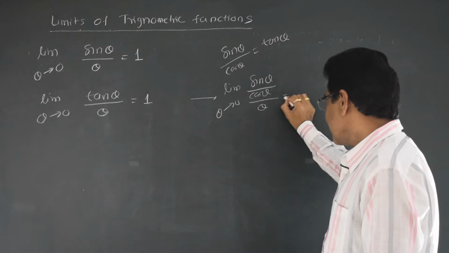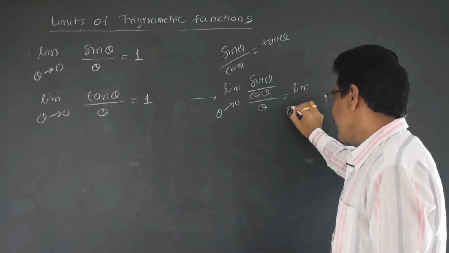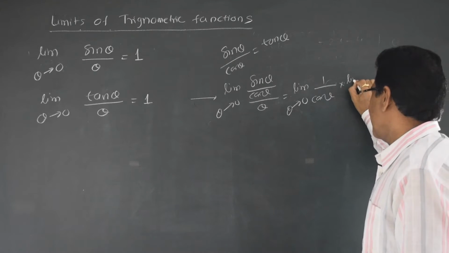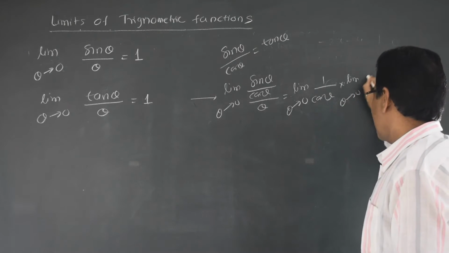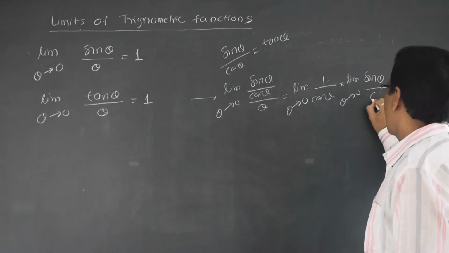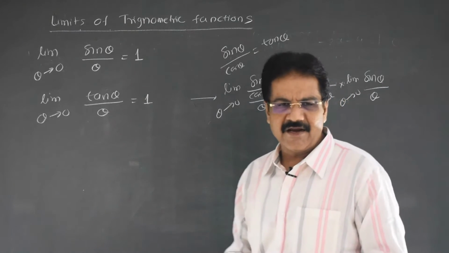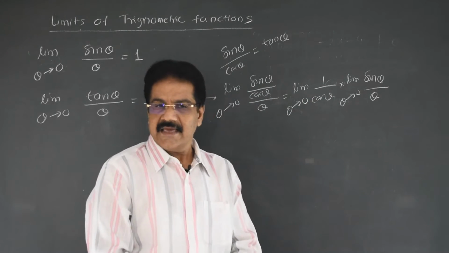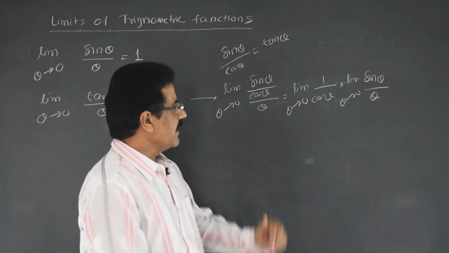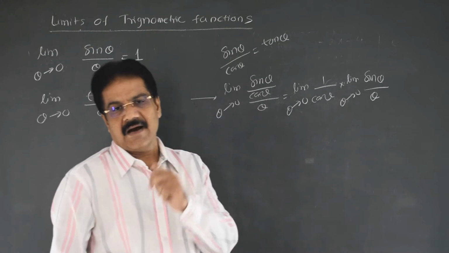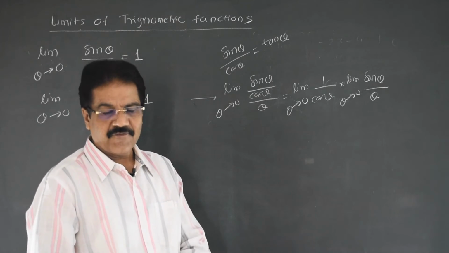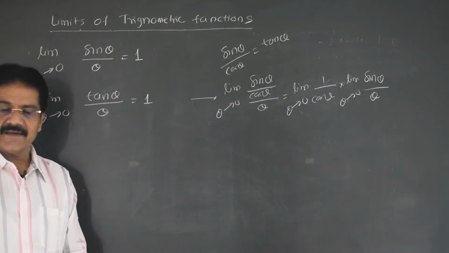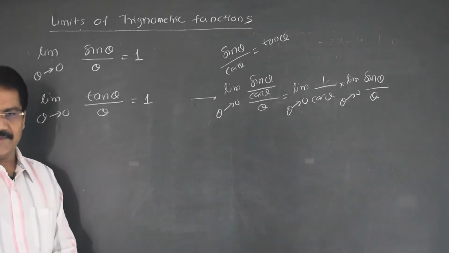Further it can be written as limit as theta tends to 0 of 1 upon cos theta multiplied by limit as theta tends to 0 of sin theta upon theta. Now it is very clear from this separation that 1 upon cos theta is equal to 1 as theta tends to 0, and sin theta upon theta is equal to 1, and therefore tan theta upon theta as theta tends to 0 can be written directly as 1.